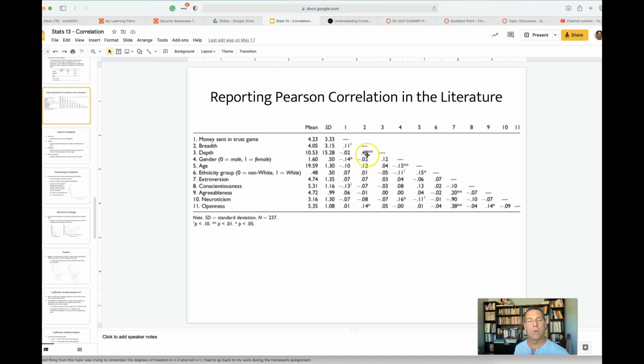And again, that's a nice strong correlation between depth and money sent in this trust game. And then here's another pretty strong one here, a positive 0.38. Now here's a very strong one, neuroticism, but it's just not statistically significant. So a negative 0.9, it's really strong, but it just happens to be possible that it's due to chance. So that's how you would kind of try to read some of these. All right, so hopefully that helps with understanding correlation a little bit better.